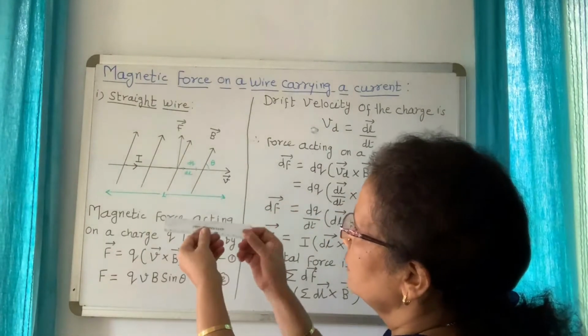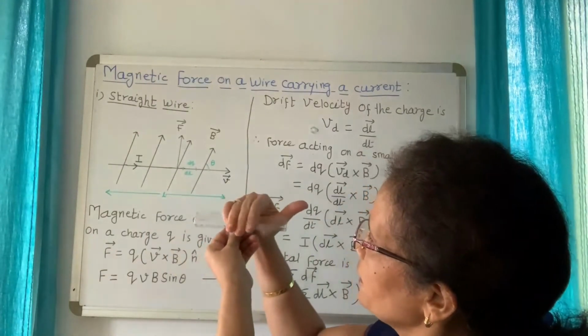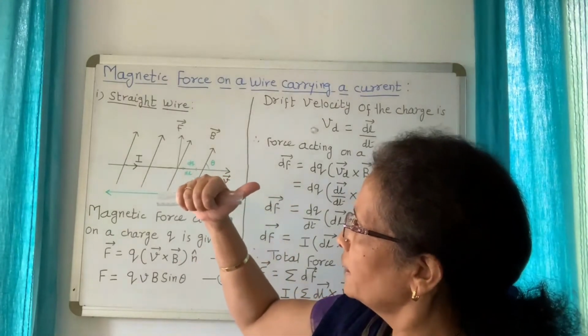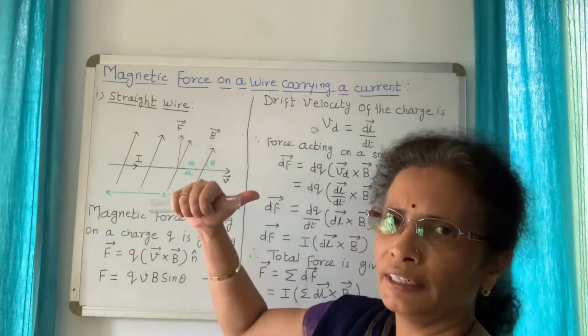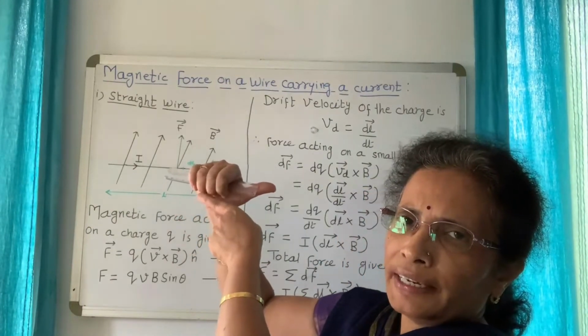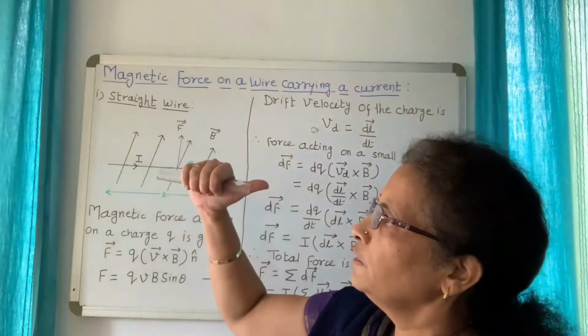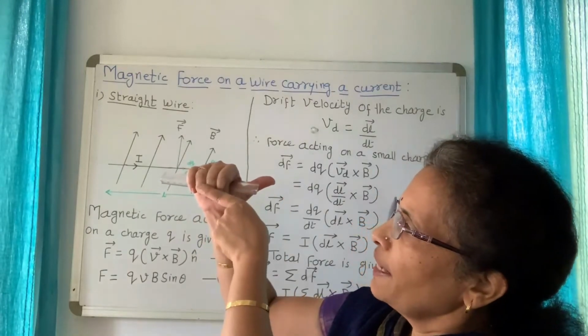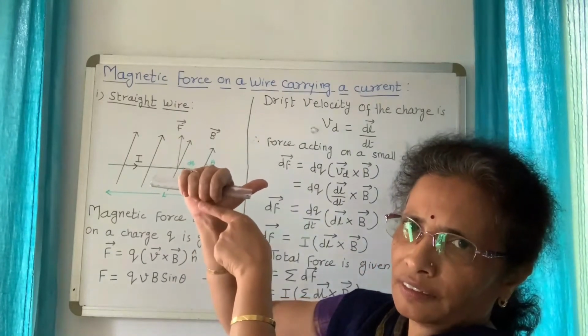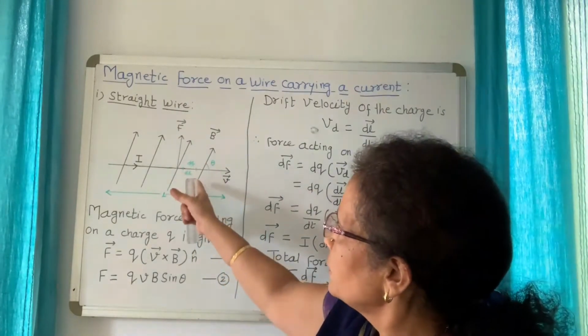Hold the conductor in your hand so that the thumb indicates the direction of the current, then your curved fingers will give the direction of the magnetic field. For this situation, this is the direction of the magnetic field, which is inwards.